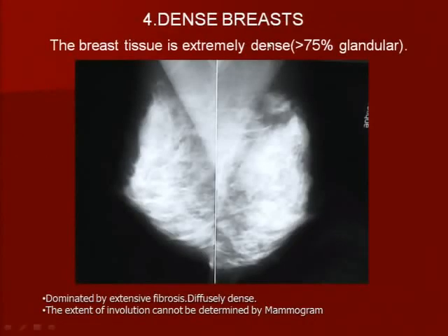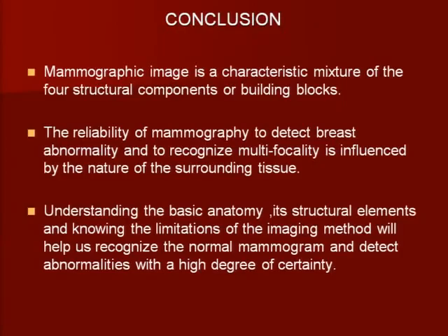And finally, more than 75% glandular tissue, basically extensive fibrosis, ground glass appearance, lesions may be missed, and this breast is resistant to change, and it's like Tabar 5. So this is easier because you go 0, 25, 25 to 50, 50 to 75, 75 to 100% of glandular tissue. So once you know the breast anatomy, it makes it very easy for us.